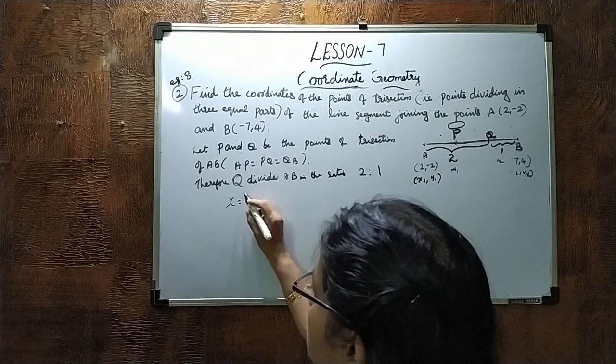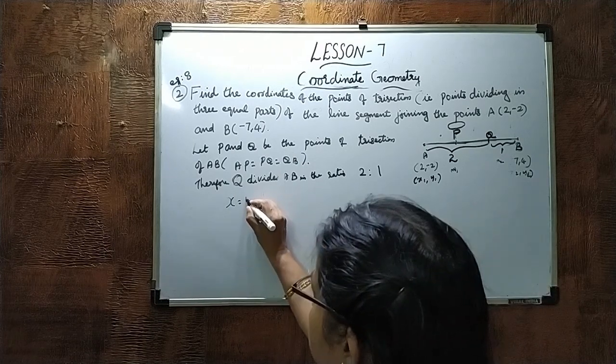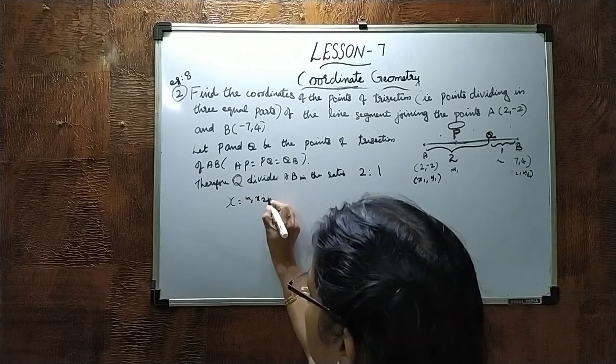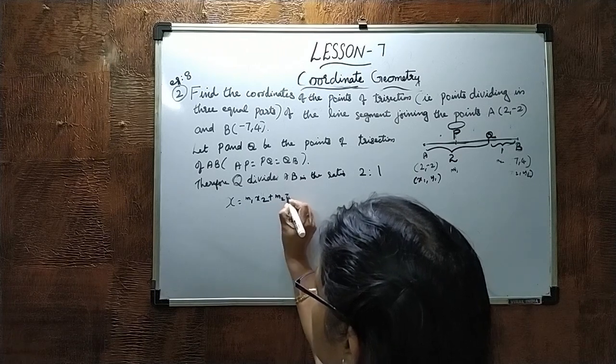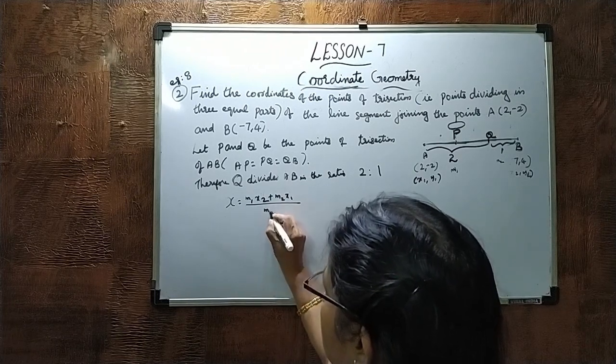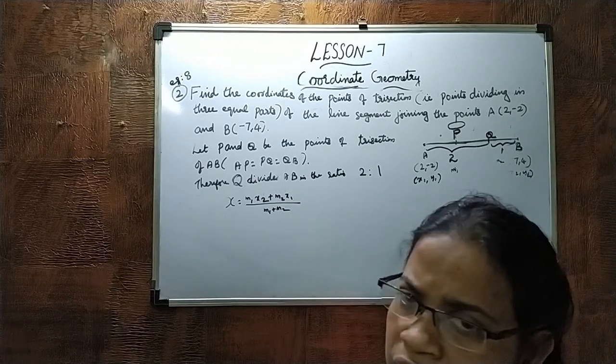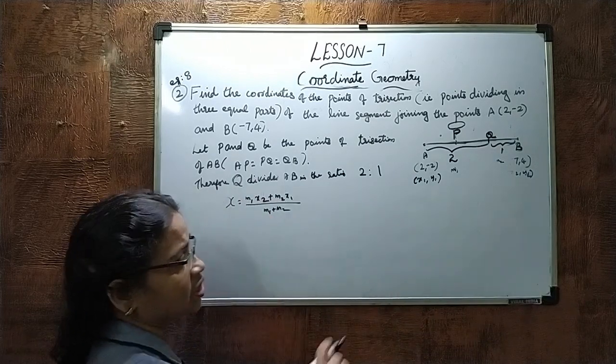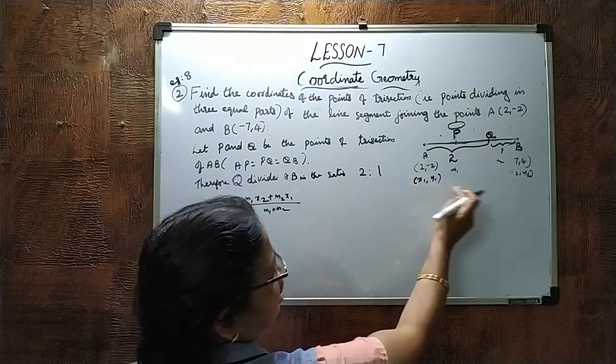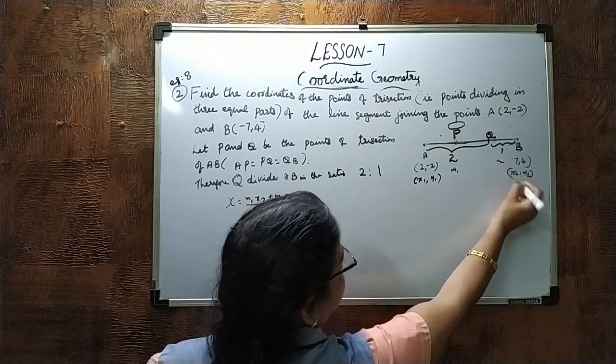You have to write the formula first: x is equal to (m1 x2 plus m2 x1) divided by (m1 plus m2). Same thing: x1, y1 is here, x2, y2 is here.